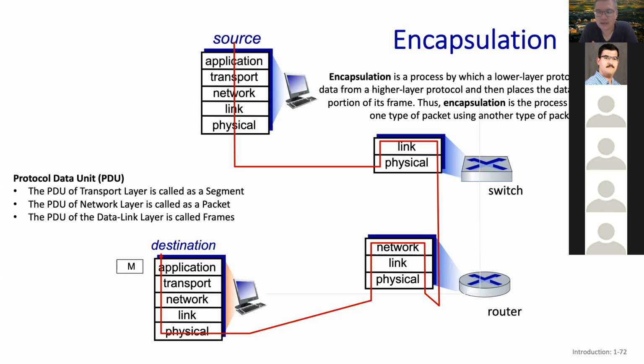So I think this is just a quick demonstration of how application data is sent from source to destination, going from the top to down, and then from down to top. That's why this textbook and this class go from top to bottom, and then from bottom to top.